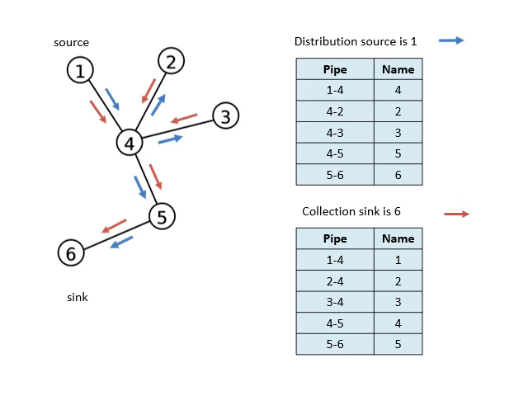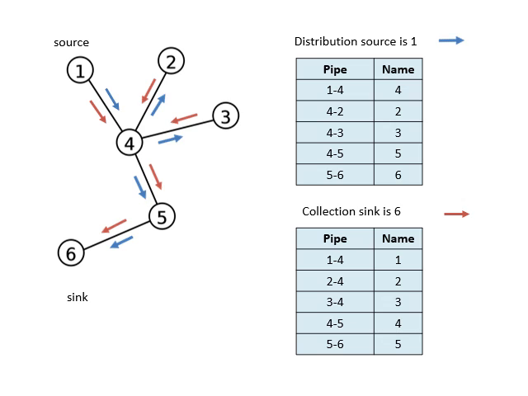This is an example that shows you for the distribution the source is 1, and it sends water to the nodes 2, 3, 4, 5, and 6, and therefore the name of the pipe is the name of the downstream node.